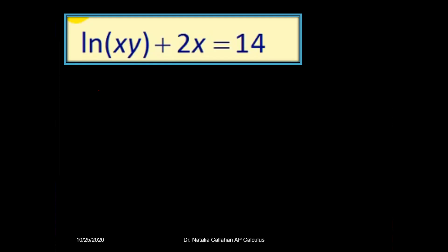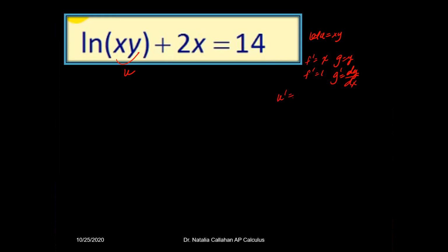So looking at this right here, let's let u be xy. Then f is going to be x, and then f prime is 1, g is y, g prime is 1, but then you're going to have a dy over dx, because of the implicit differentiation.